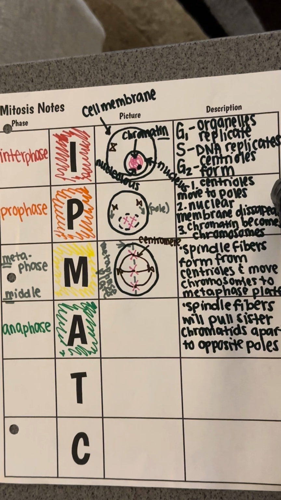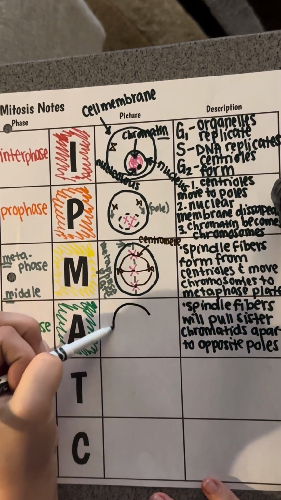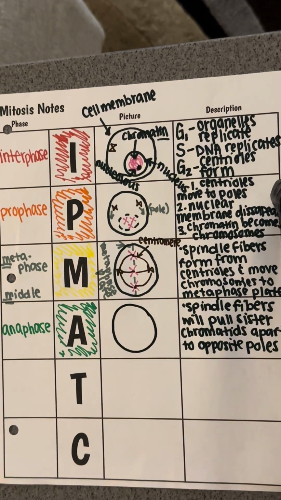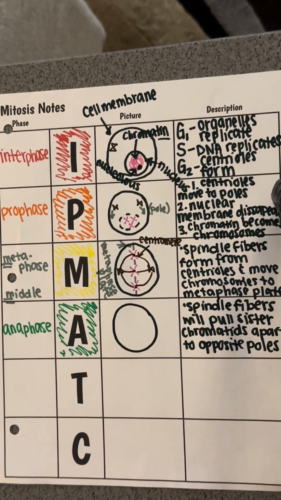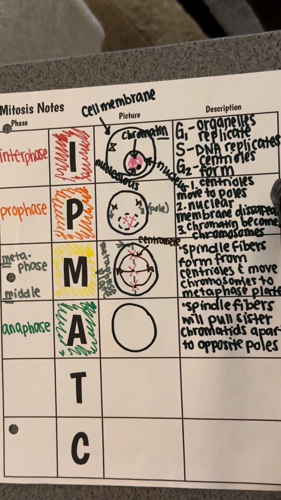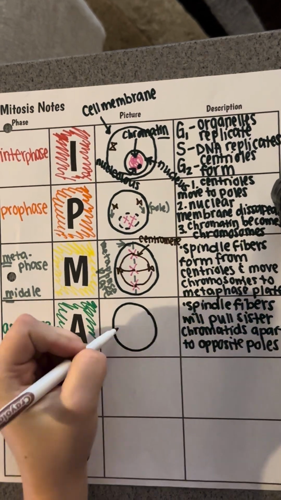So we have spindle fibers pulling apart sister chromatids to opposite poles. We are going to draw our cell. And we have our centrioles again.